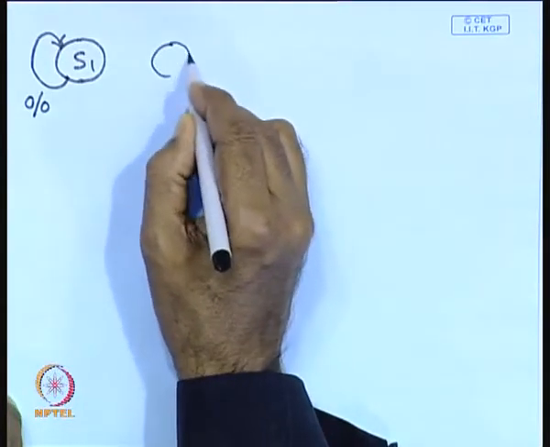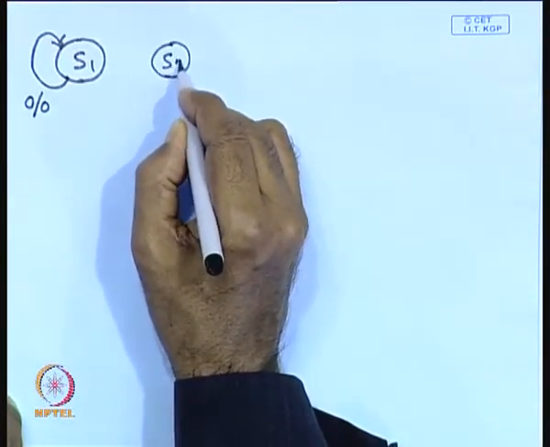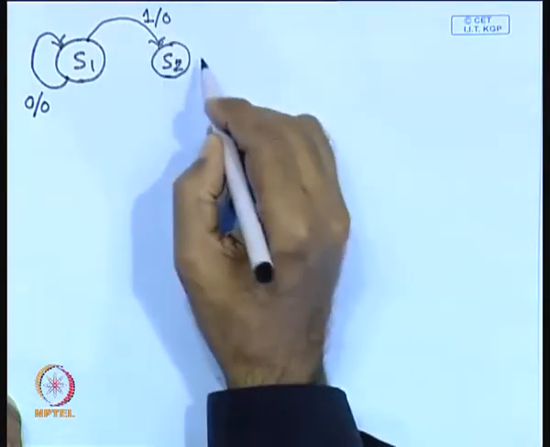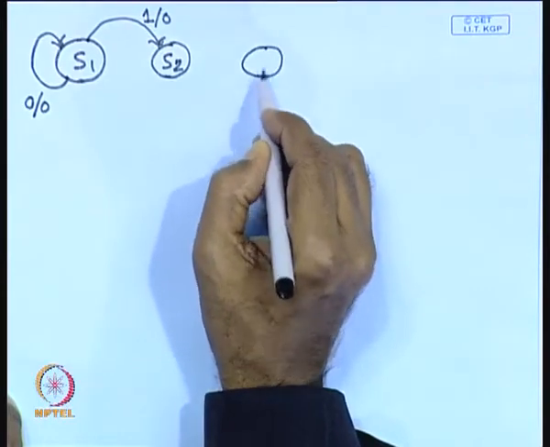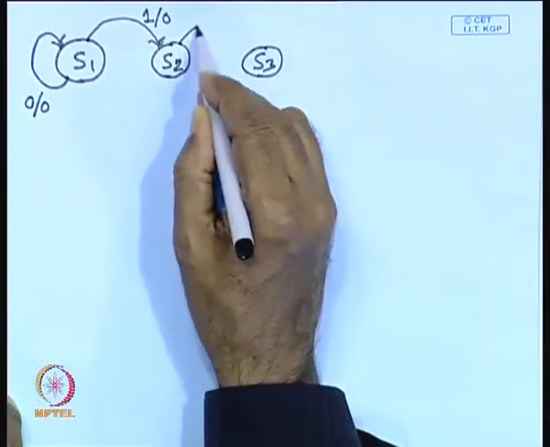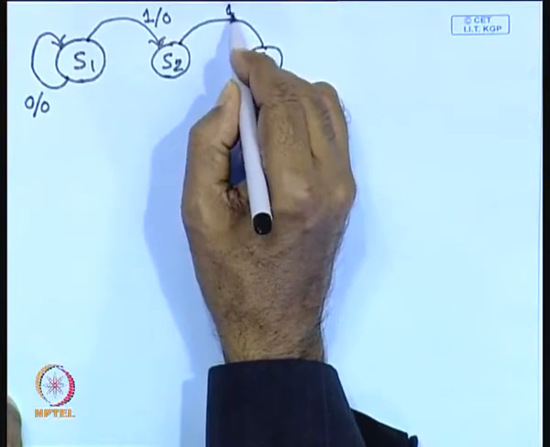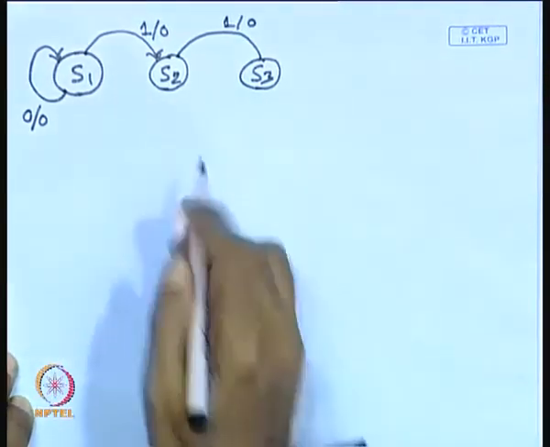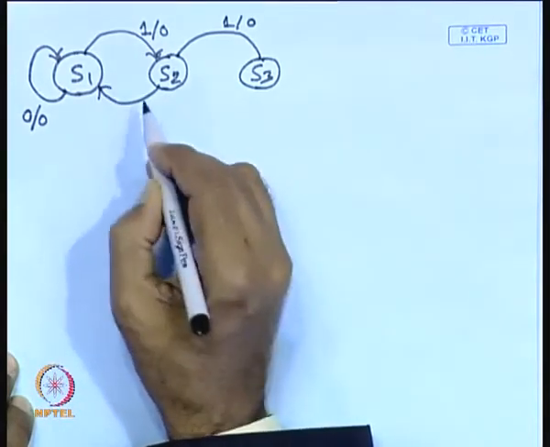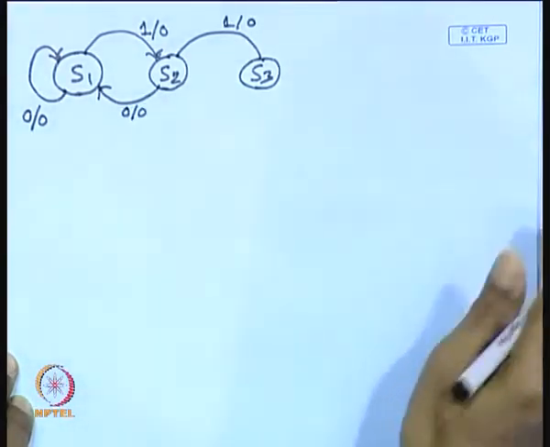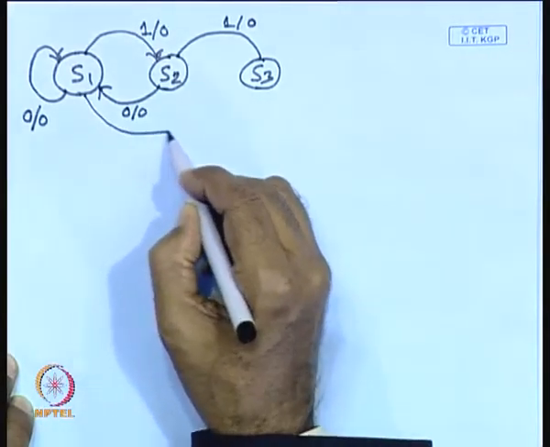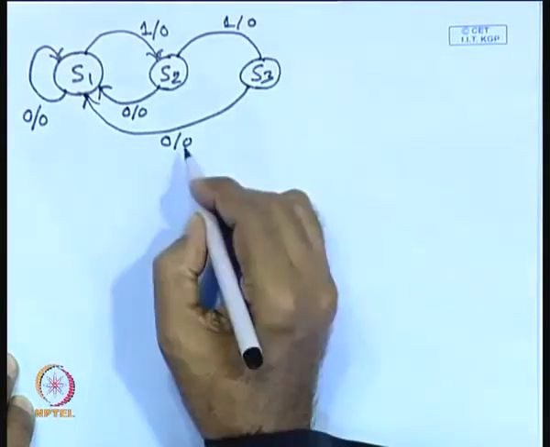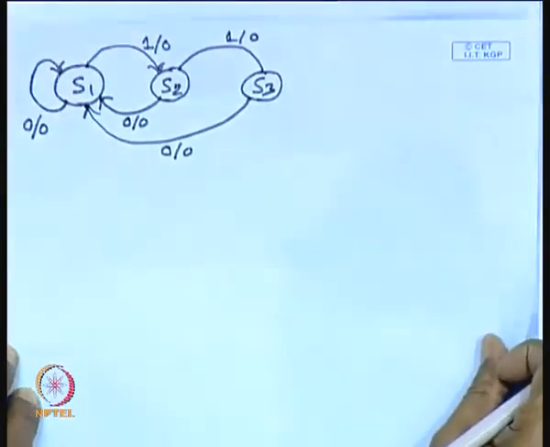It will go to state S2 when a 1 occurs, producing 0, and it will go to state S3 if another 1 occurs. However, if a 0 occurs, it will go back to state S1, that means 0 by 0. And similarly, from state S3 it will again go to state S1 if a 0 occurs, so the output is 0 for input 0.